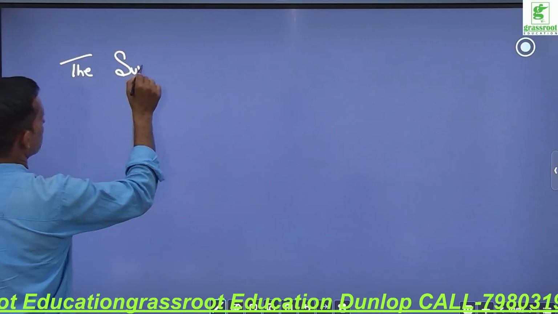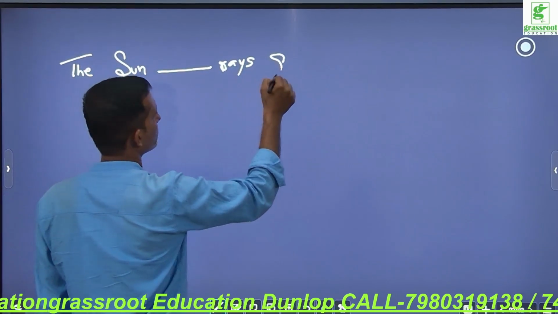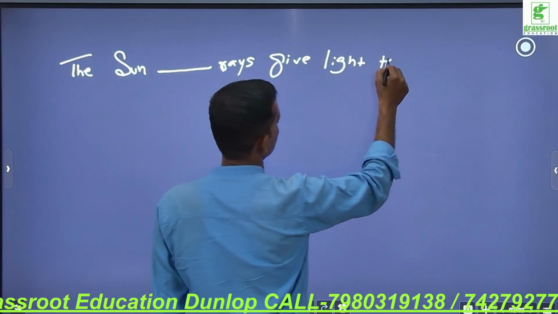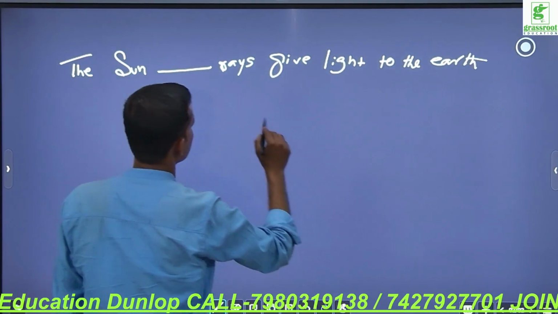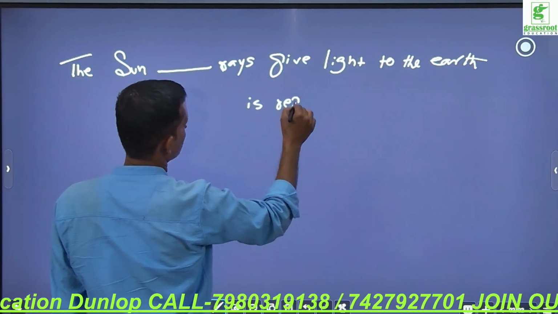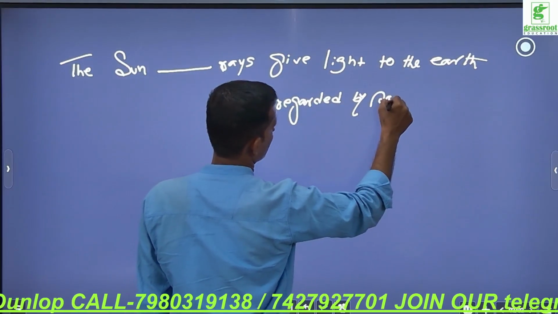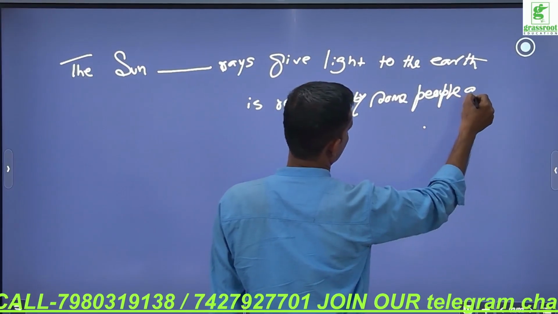The sun, dash, rays give light to the earth, is regarded by some people as God.